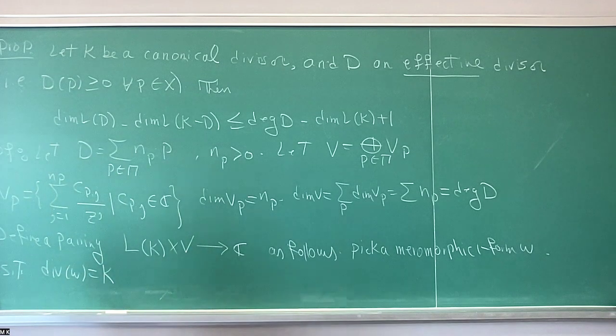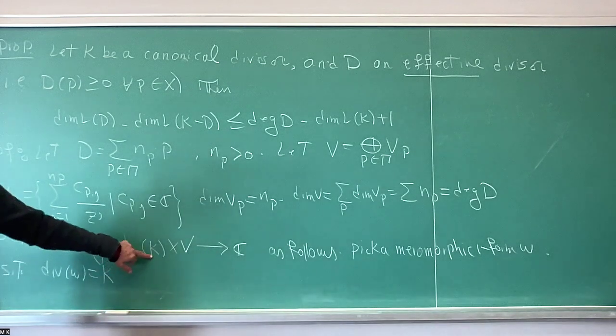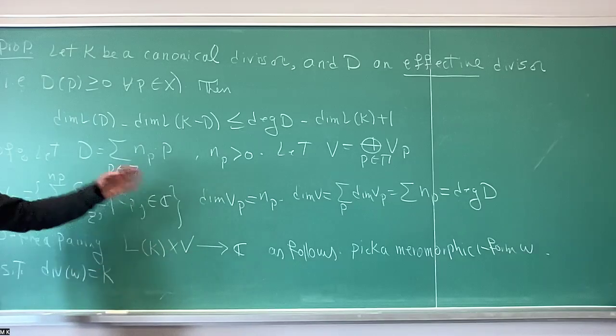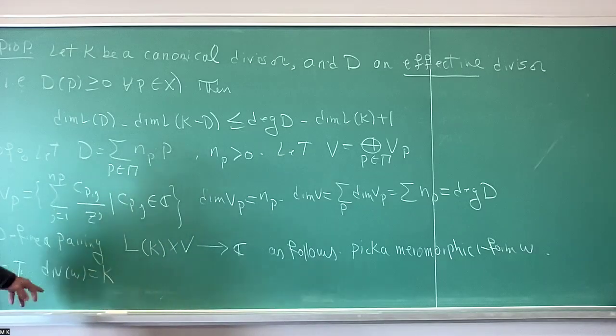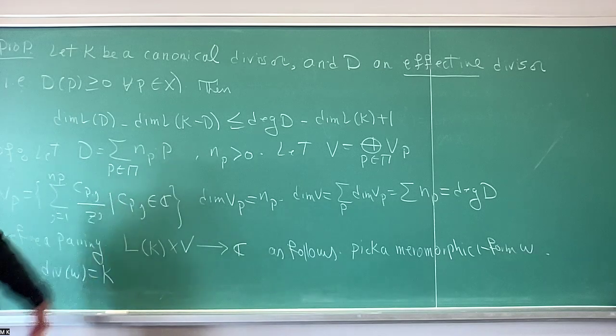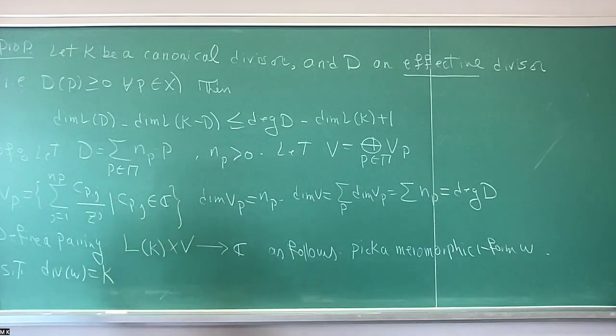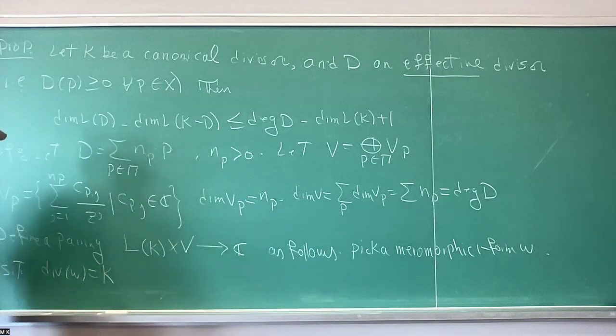Well, this is actually the definition. We said that canonical divisors are exactly divisors of meromorphic one forms. So for any canonical divisor, there is a meromorphic one form whose divisor is K. And it doesn't matter which omega we pick. That's the construction. I'll just pick one and then I will argue with that, and that's going to be enough for me. Okay, so this is the first step.